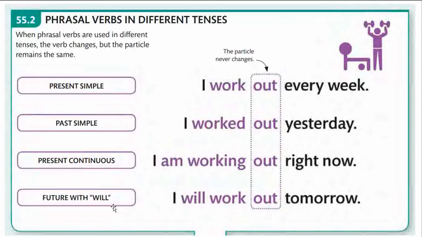Future with will is, I will work out tomorrow. I will exercise tomorrow. Over here we can see the verb work is taking on different inflections or different words to show different types of tenses, but the particle out remains as such and unchanged.